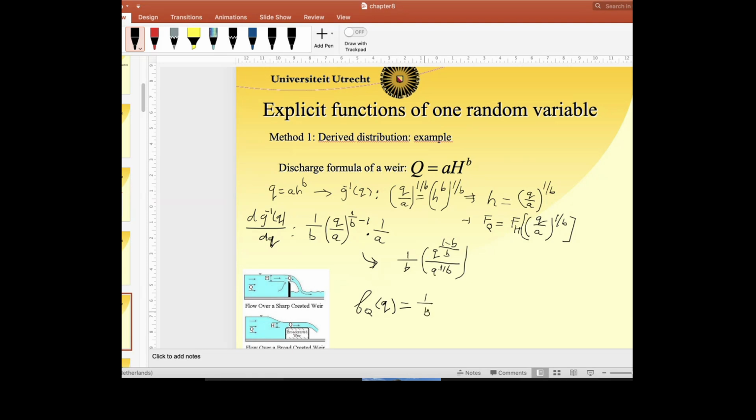So this is 1 over B times A to the power of 1 over B times Q to the power of 1 minus B over B, and then multiplied times the probability density of H that we know, but where we fill in the inverse: Q over A to the power of 1 over B.